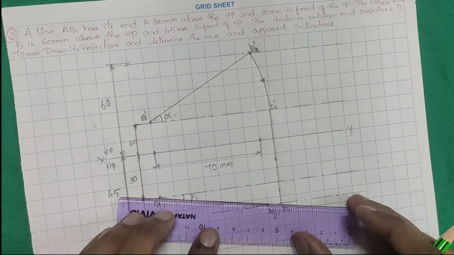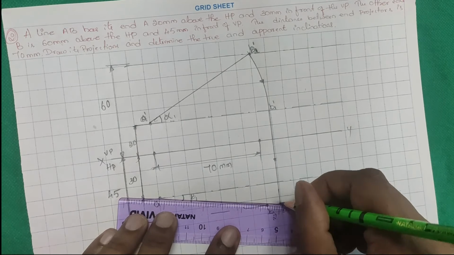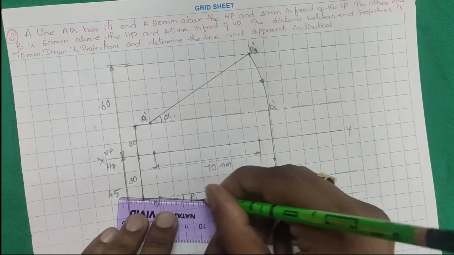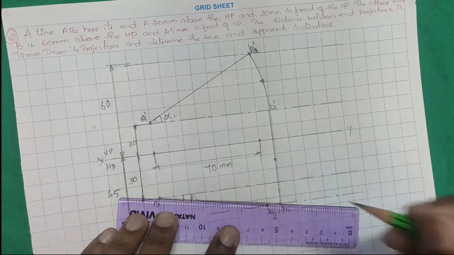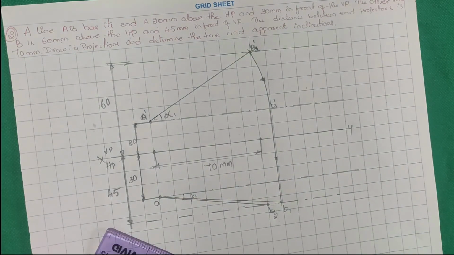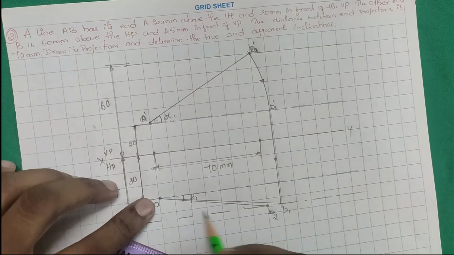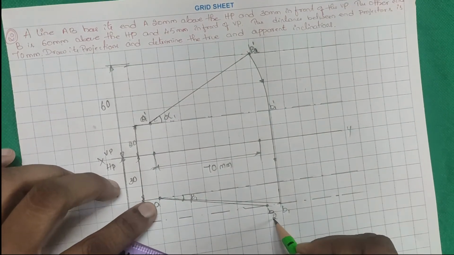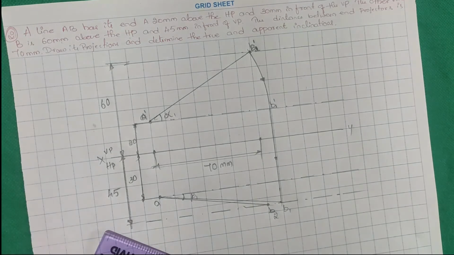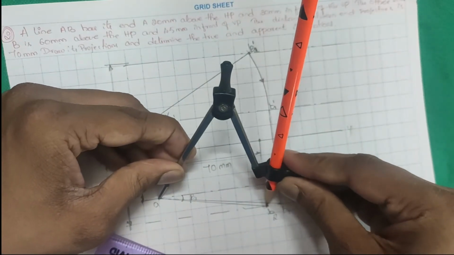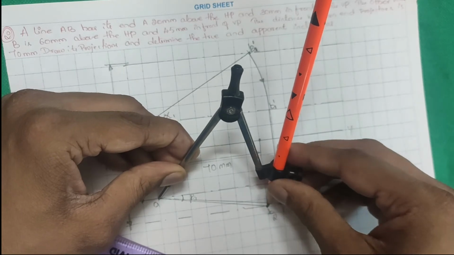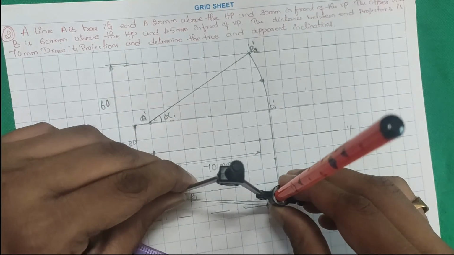Now I have to draw a straight line. This is the true length: A to B1 is the true length, A to B2 is the apparent length. So next, you have to choose A to B2 and draw an arc.